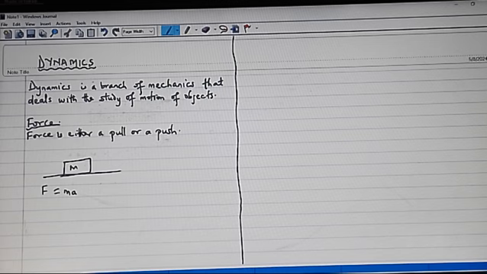When force acts on an object, the position of the object, its velocity and acceleration will change. So if you have a body initially at rest, for that body to be in motion, a force must be exerted on that body. Also, for the body to stop moving a force must also be exerted on that body.